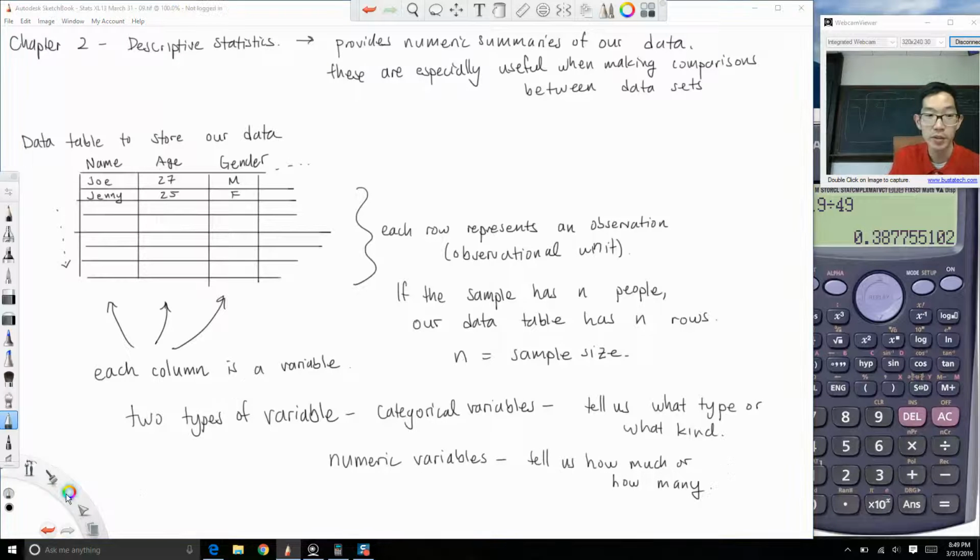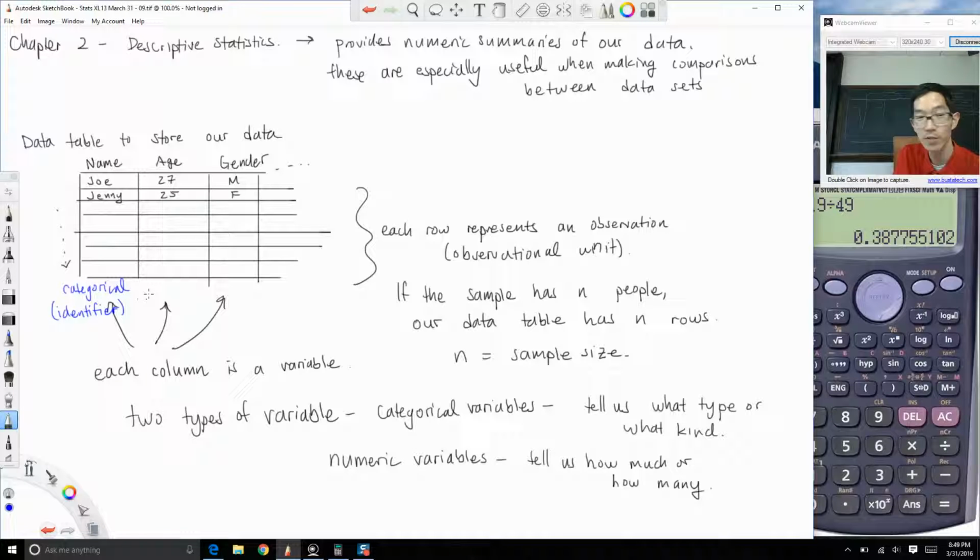In our little example here, name could be considered a categorical variable. Some texts might say that this is not a categorical variable, but rather an identifier.